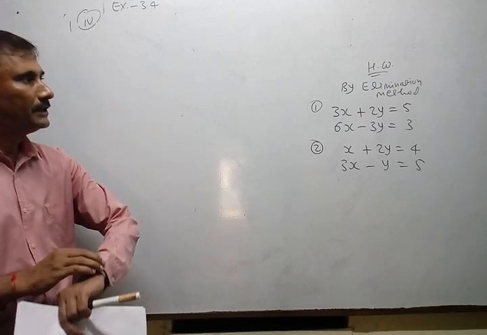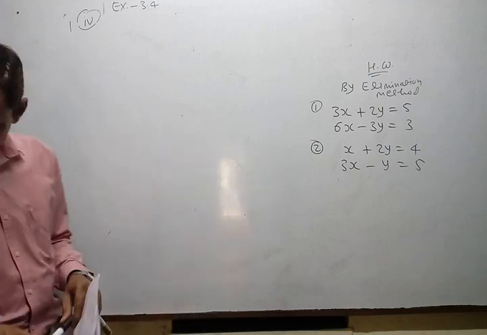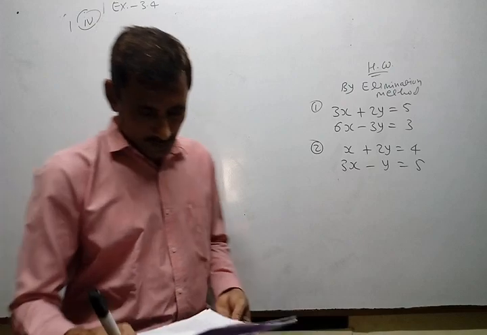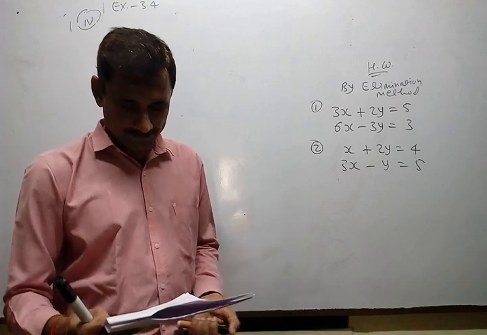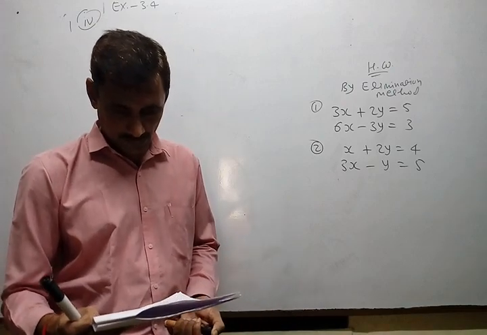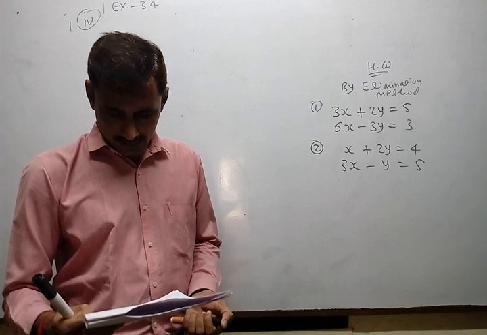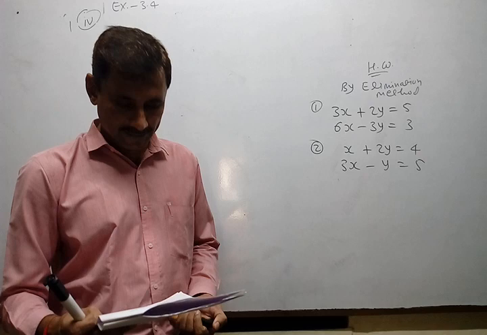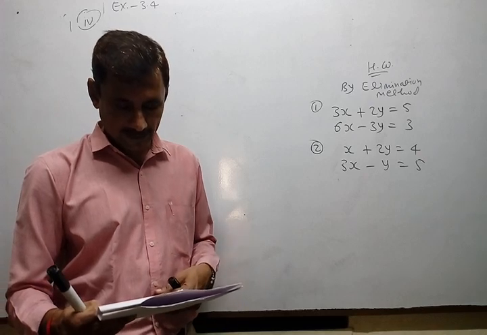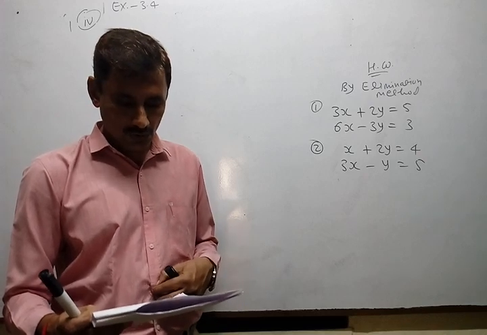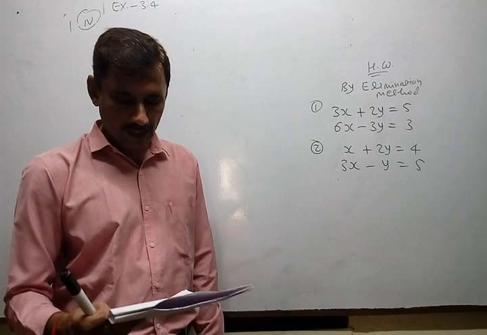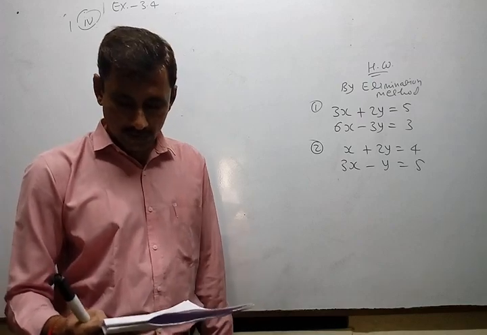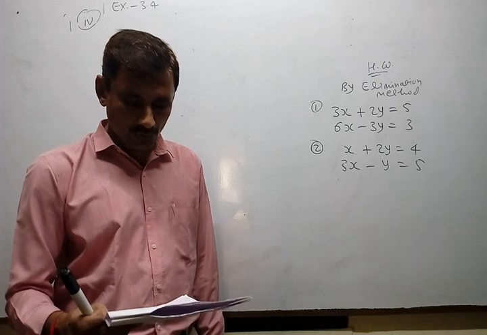Okay, now look at the word problems. Here also 5 sums are given and most are repeating. Look at the second sum. 5 years ago, Nuri was twice as old as Son. 10 years later, Nuri will be twice as old as Son.